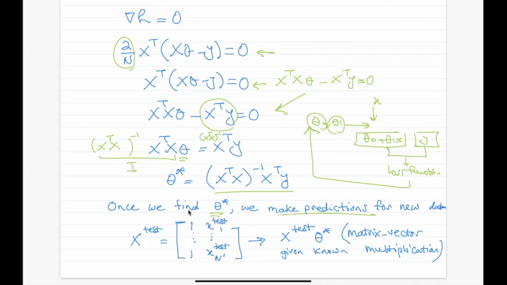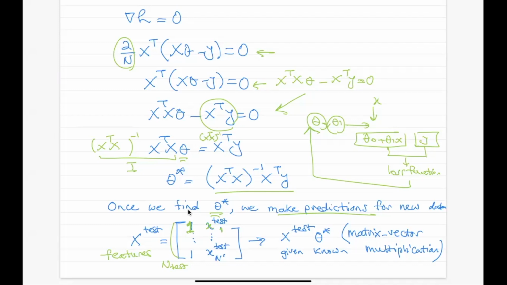And remember, in order to make predictions, what you really need is the features or inputs for your test data. In this case, the test data that you have is in the form of, let's say, n test rows, right? Because the number of testing data points can be different from the number of training data points. And now we have this one, which is something that we always add, and then the feature for that corresponding test data point. So this is the feature one of the first test data point up to the last one that we have.